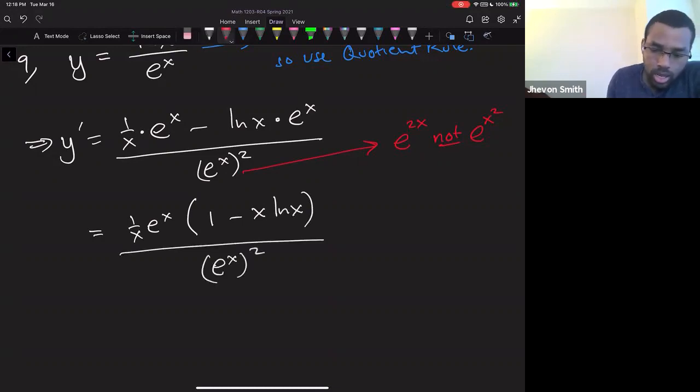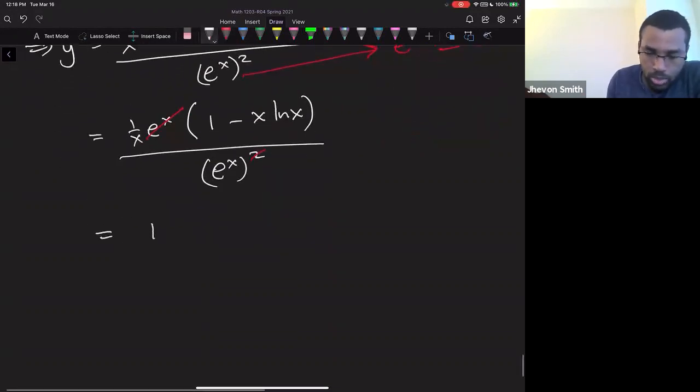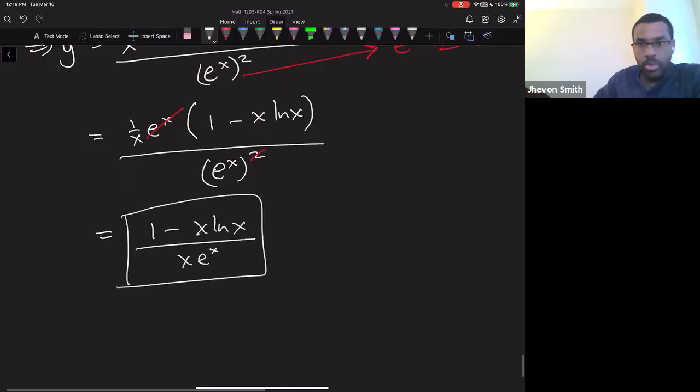This guy would cancel one of those, and the x can go in the denominator, so this just becomes 1 minus x ln x over x e to the x, which is probably how I would put the answer choice. So when it comes to fractions, usually you're going to want to simplify.